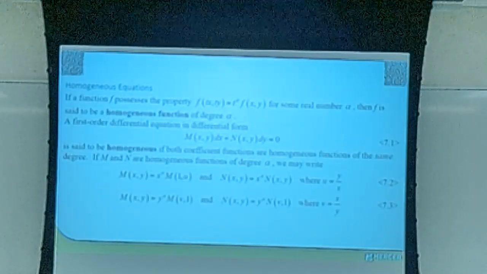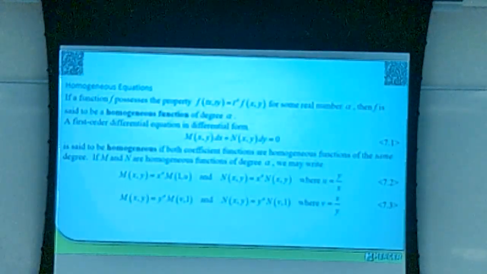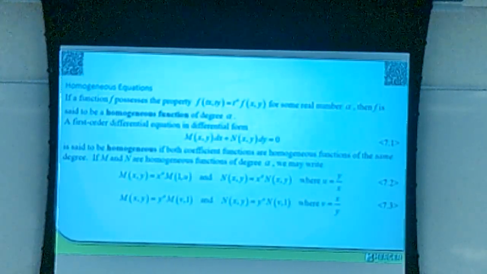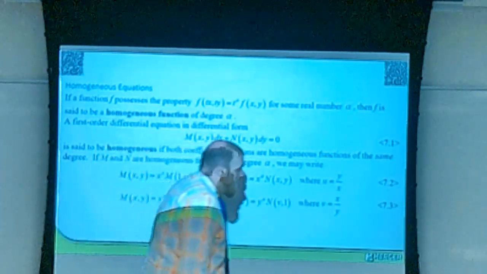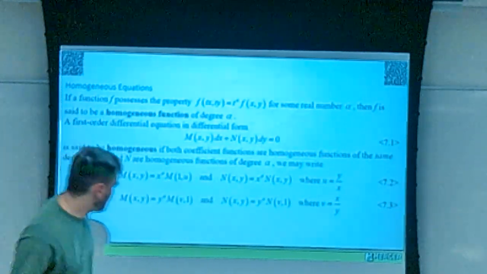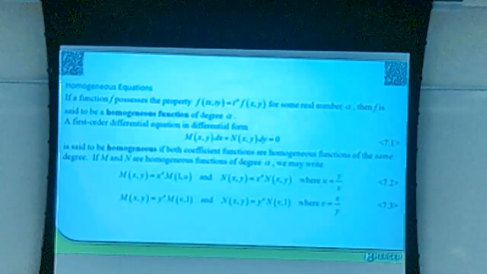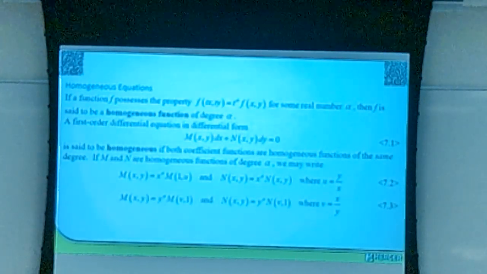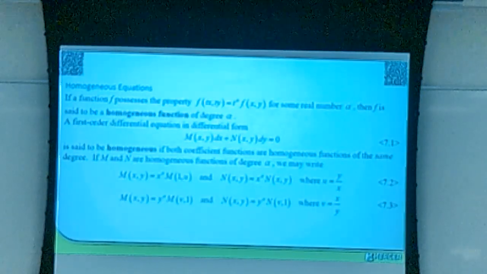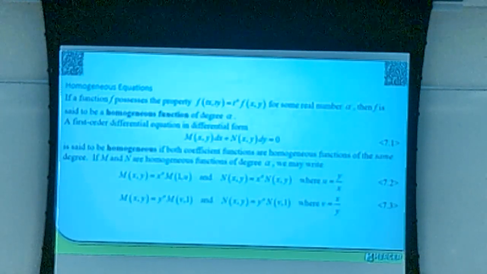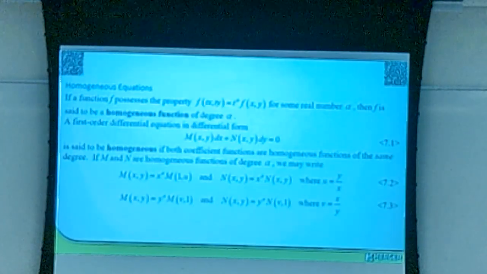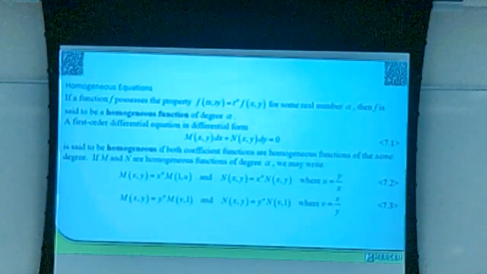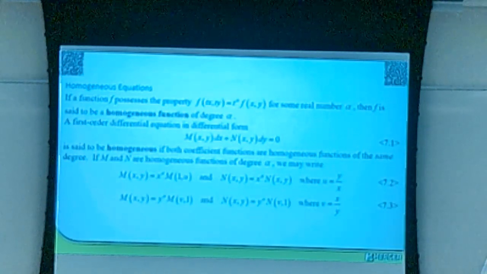So looking at miscellaneous substitutions. First substitution we deal with is for an equation that involves a homogeneous function. This is the definition of homogeneous functions. A function will be homogeneous if it satisfies the property f of tx, ty equals t to some power times f of x, y.